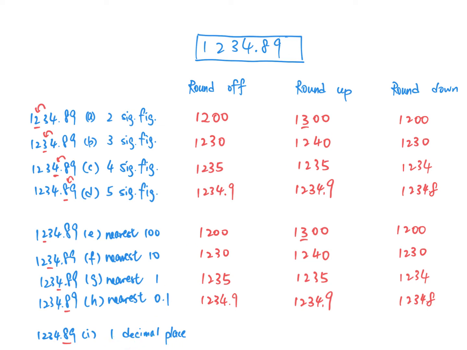And for this number, the first decimal place is 8. Round off, that means we need to add 1 to it. Round up, always need to add 1, so we do not need to see the next figure. And for round down, we keep the first decimal place.